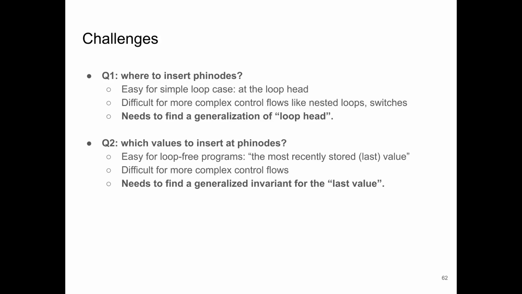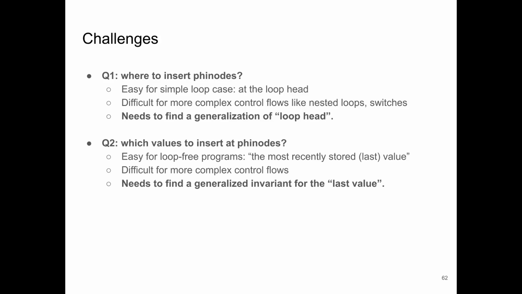The second challenge to address is: which values should be inserted as phi nodes? In the previous loop example, 42 and tx2 are used because they are the last values of the predecessors in the control flow. It is easy for such cases; you can see that it is just the most recently stored value.